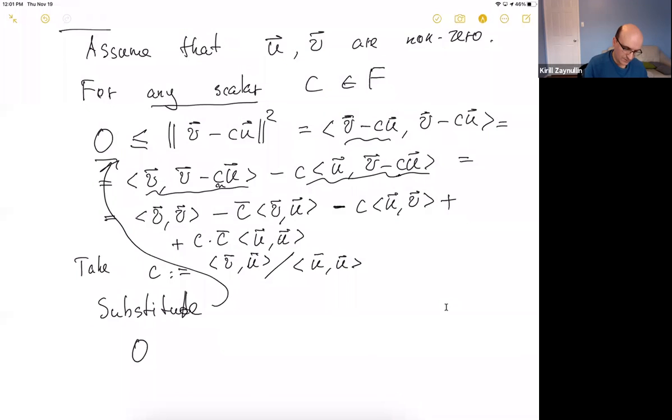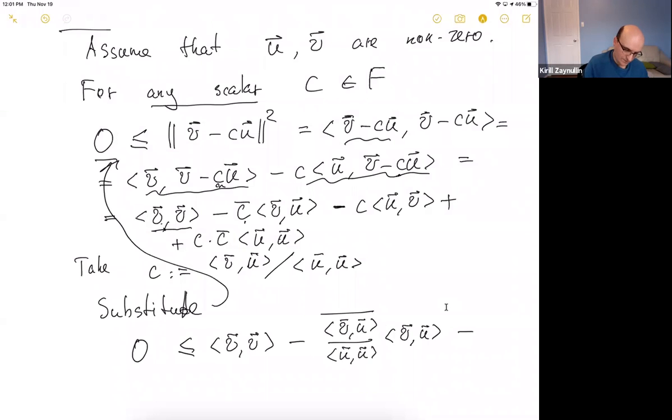We get 0 less or equal than what? Let's just substitute and see what happens. This summand stays v comma v. Then minus, what is c bar? Instead of this summand, we get v comma u over u comma u, with a bar, times v comma u.